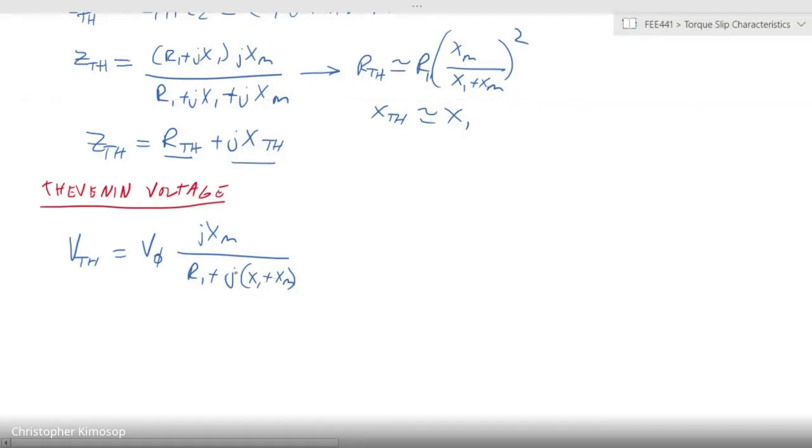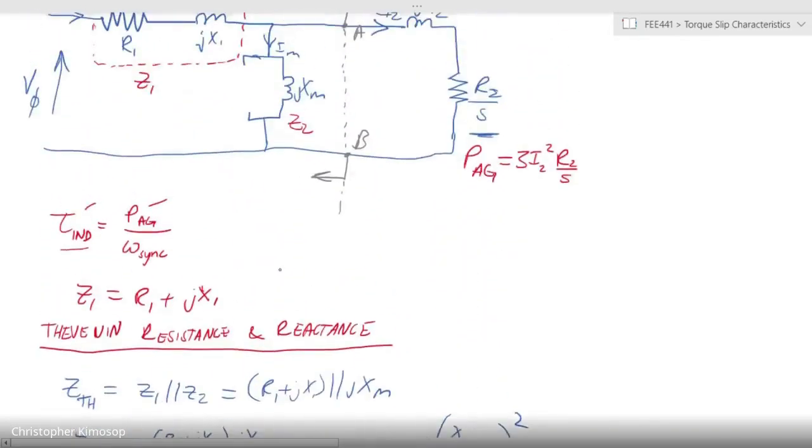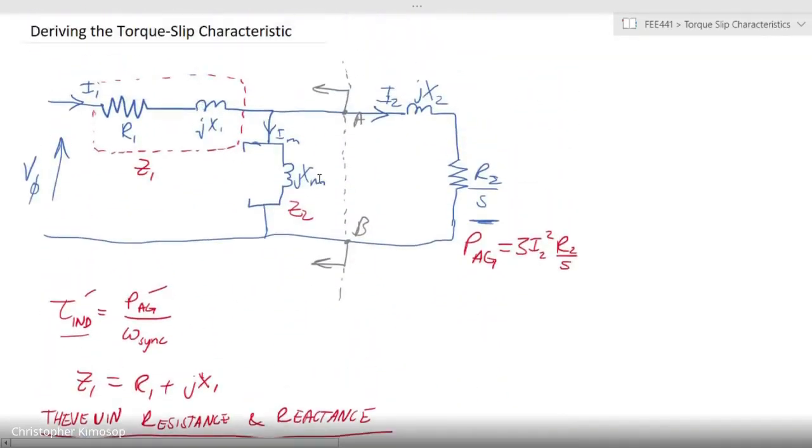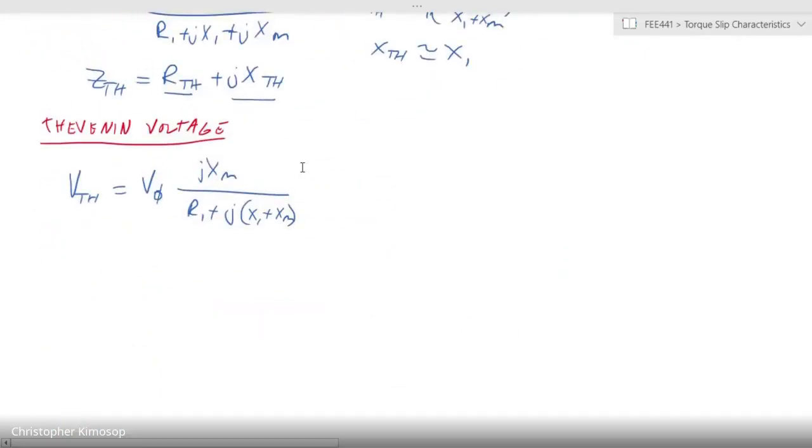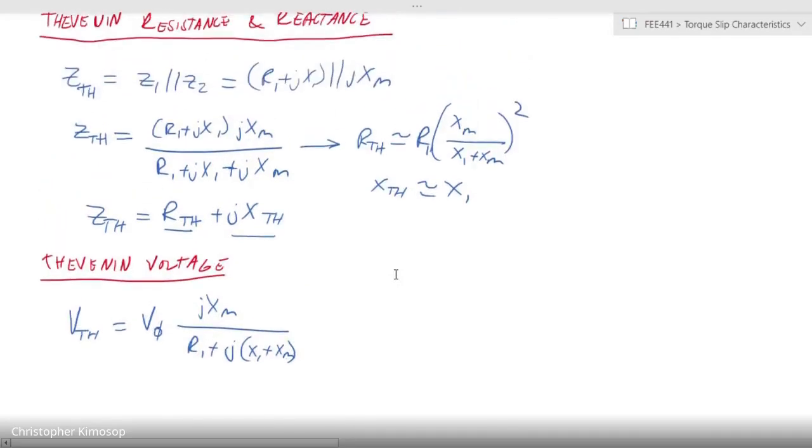I've just combined the imaginary elements, the reactive elements together, which are these two, yeah? So it is this plus this plus this, and we are looking at the ratio of that, okay? So these two equations represent for us our key expressions that we will be looking at.